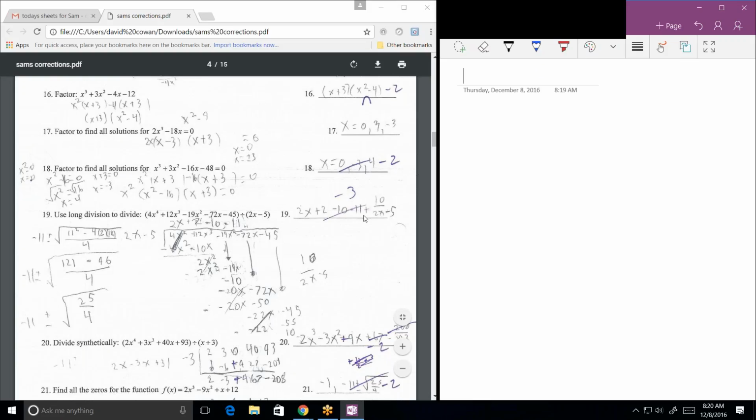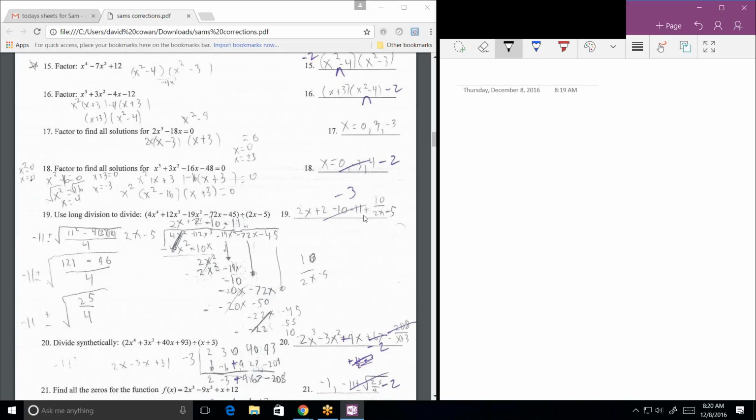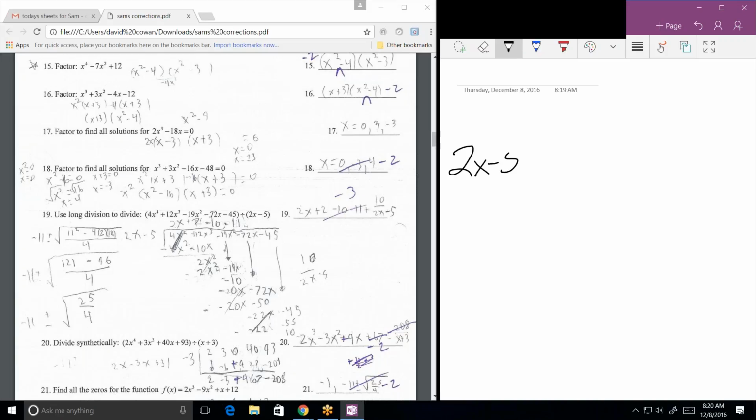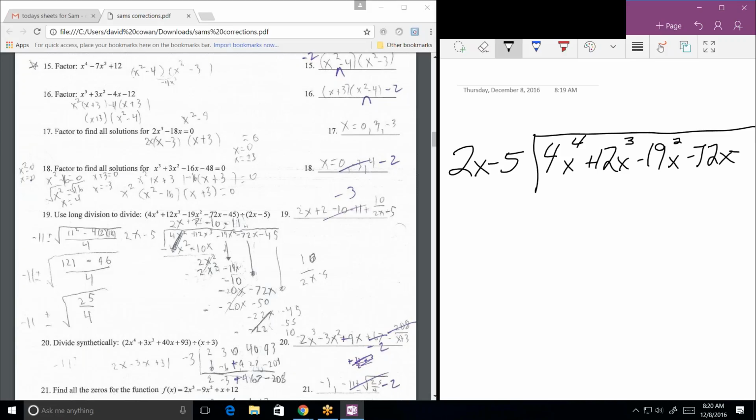19, long division. Okay, not that hard. Let me set it up. 2x minus 5 divided into 4x to the fourth plus 12x to the third minus 19x squared minus 72x minus 45.